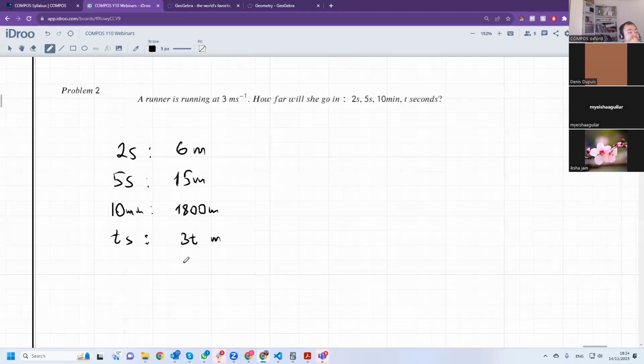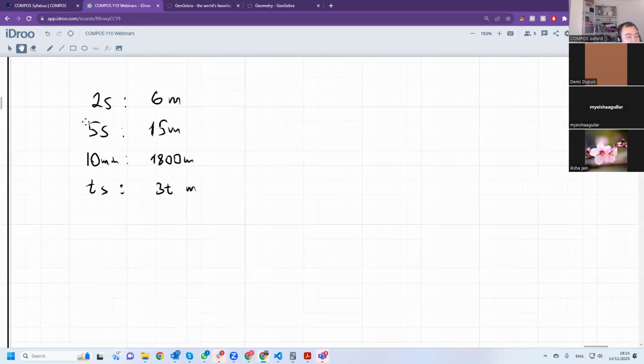What I'm trying to say is that if we know the time, we can work out how far she traveled. Assuming we are within the time limits of the race, because you wouldn't be able to tell how far she goes in 70 million seconds, since she probably won't be running at that time.